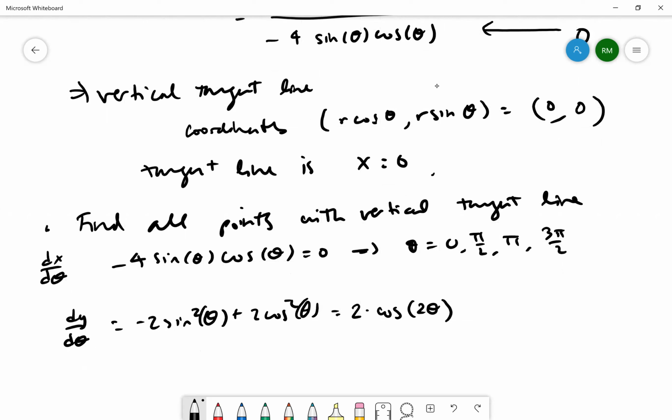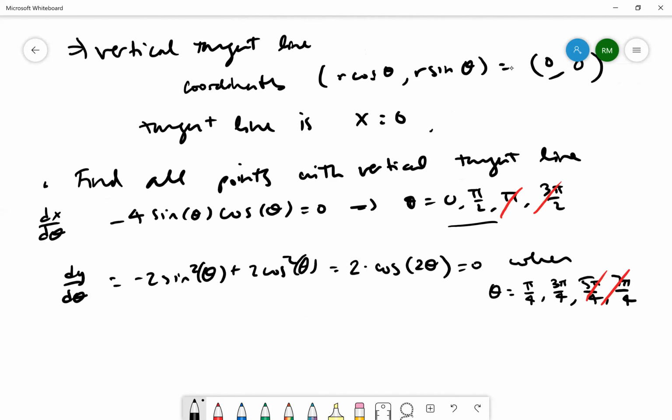This will be 0 when theta equals pi over 4, 3 pi over 4, 5 pi over 4, 7 pi over 4. And it turns out that these actually give you the same points as the other. So those were vertical, and these are actually going to lead to the horizontal tangent lines.